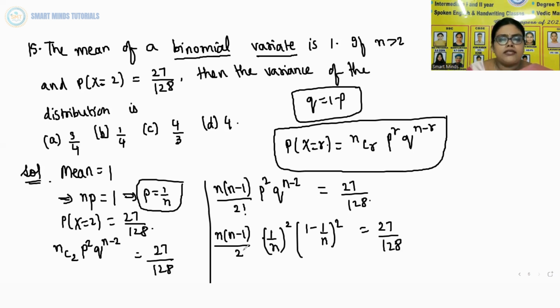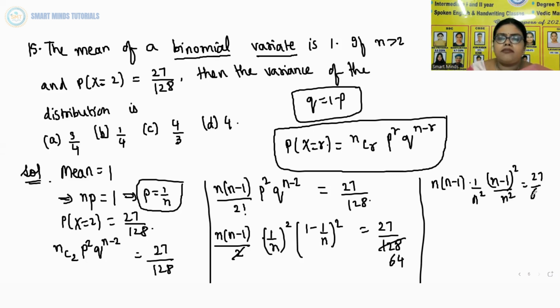You can cancel this. 2 ones are 2, 64s are. So what are we left over with? n into n minus 1 into 1 by n square into 1 minus 1 by n whole power n minus 2 is equal to 27 by 64.